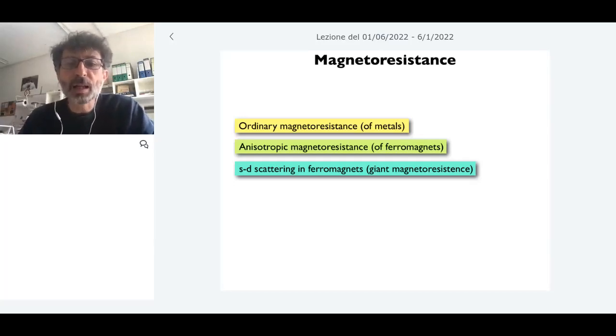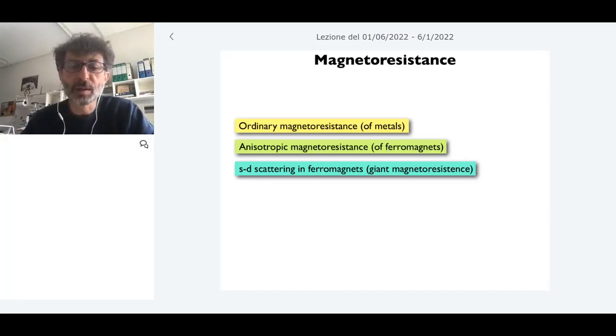Then we have the anisotropic magnetoresistance. Remember that every time you see anisotropic magnetoresistance, you have to immediately associate this with ferromagnets. So the first is the typical magnetoresistance of metals, and the second is the typical magnetoresistance of ferromagnets.